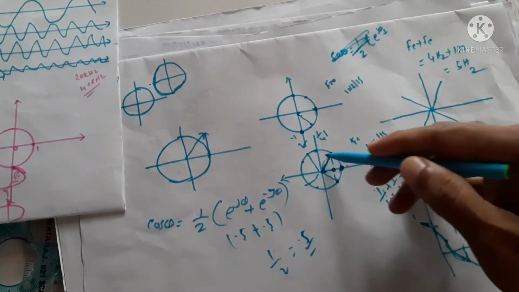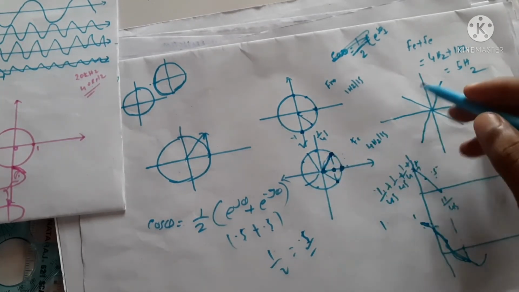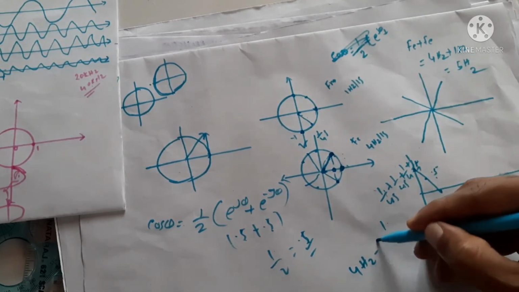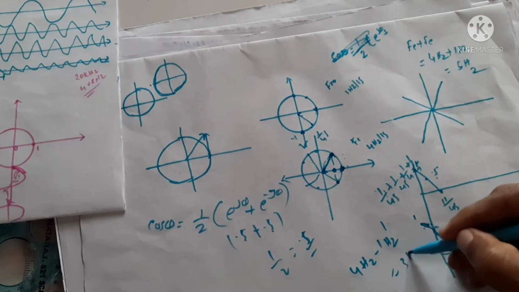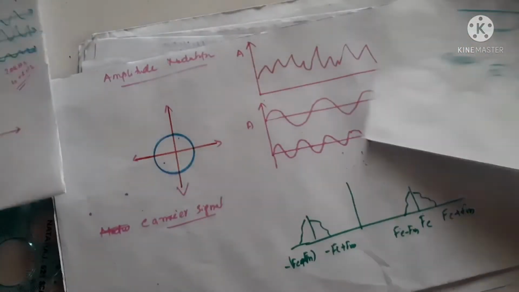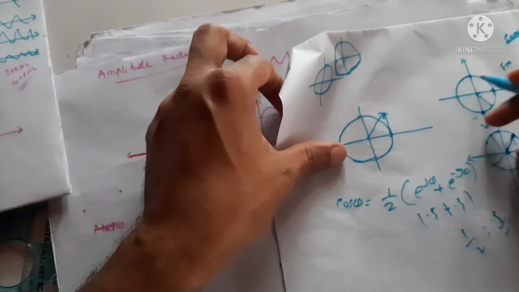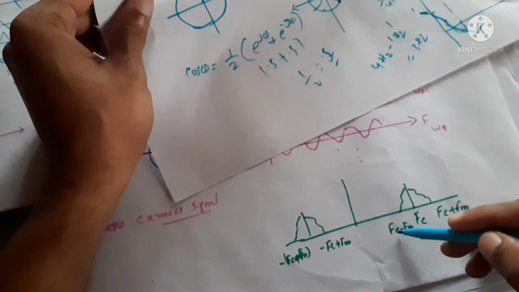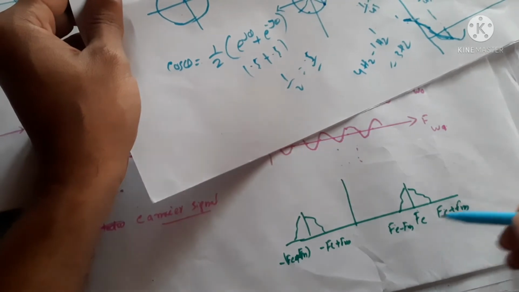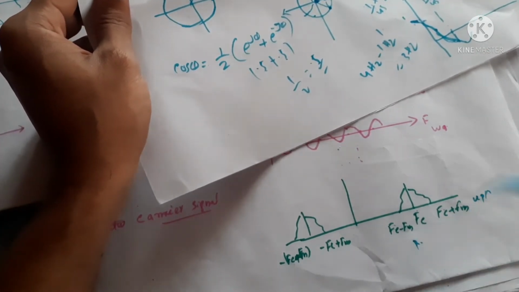So it is rotating in 1 second only 3 times. That is called Fc minus Fm, 4 Hz minus 1 Hz, that is 3 Hz. Due to the rotation in the opposite direction, this is Fc minus Fm, and this is Fc plus Fm. This is the upper side band, and this is called the lower side band.